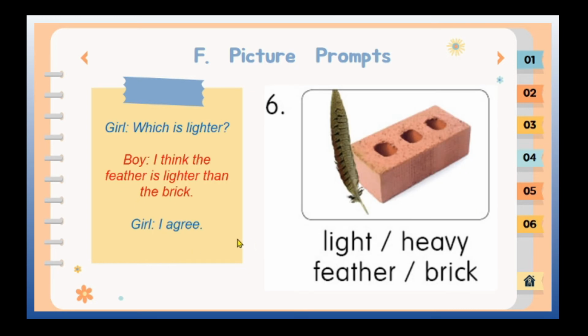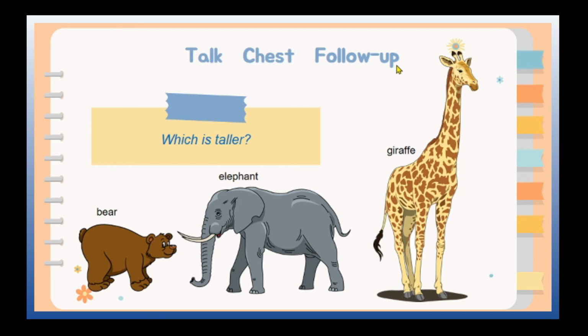Alright, now lastly, the light here is the feather and the heavy is the brick. Now for the girls, which is lighter? I think the feather is lighter than the brick. I agree.